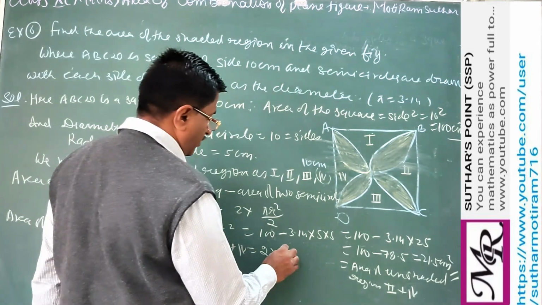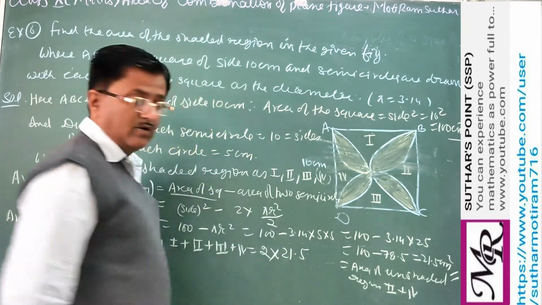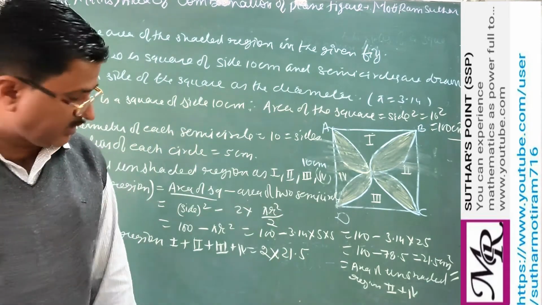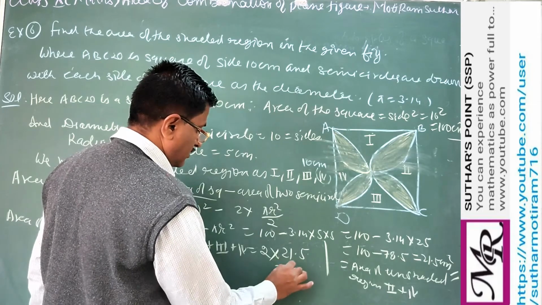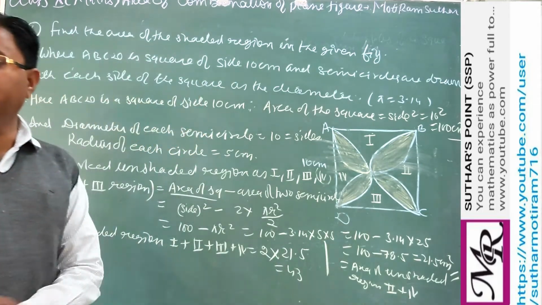So that is 2 into 21.5. That is 43. So this is the unshaded region.